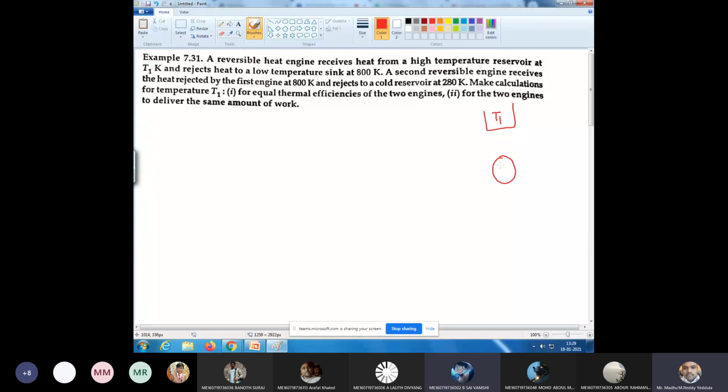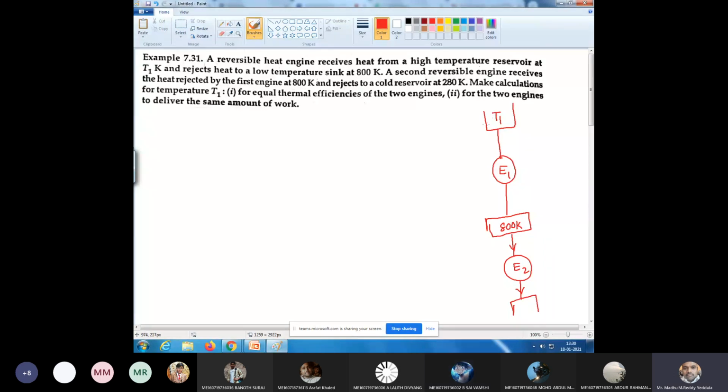Here I have engine 1, let us say, and it takes heat from the source and rejects to the sink. At what temperature is it rejecting? At 800 Kelvin. Then this is supplied to another engine, E2, which rejects to the sink.